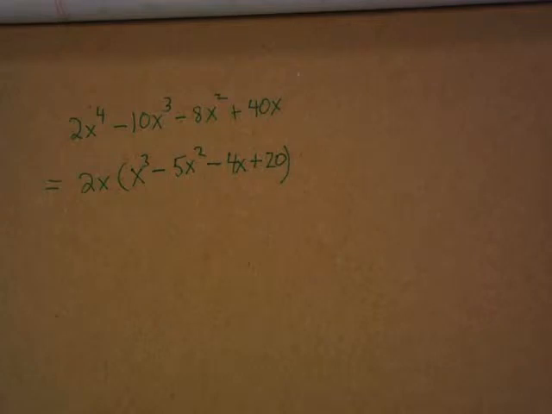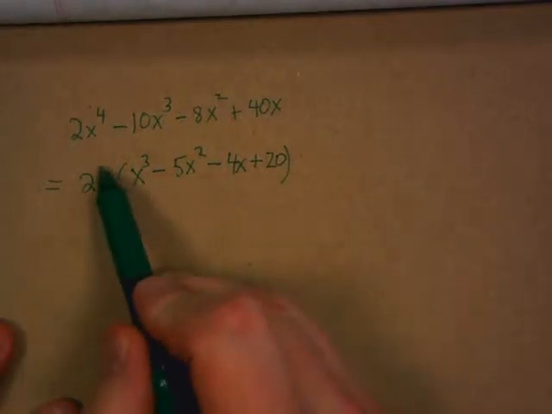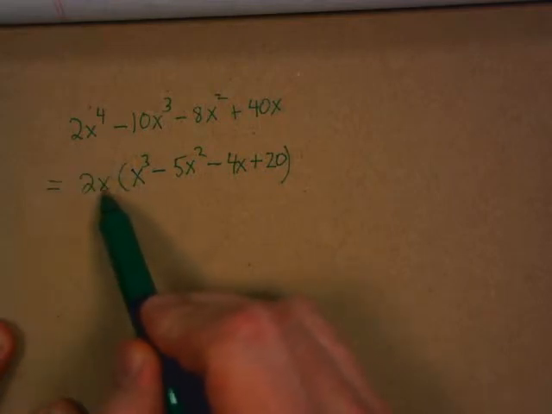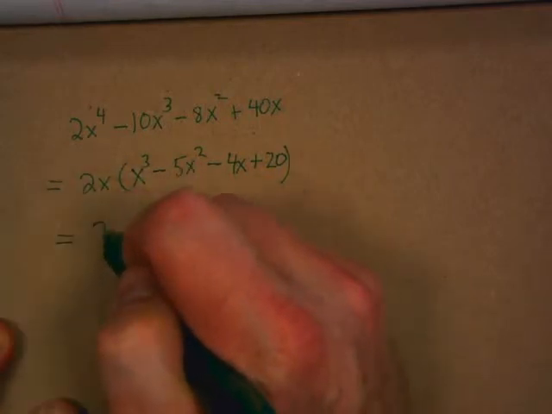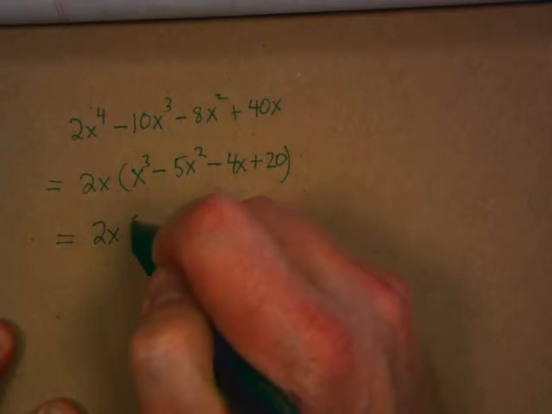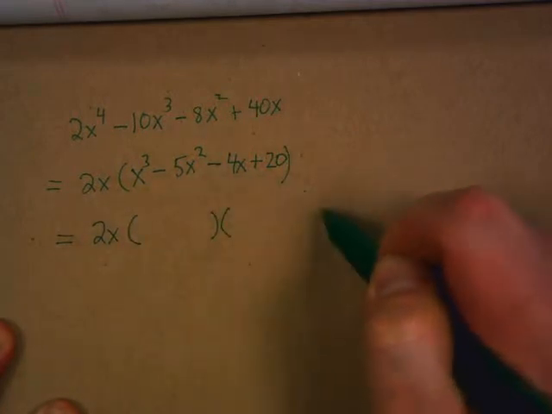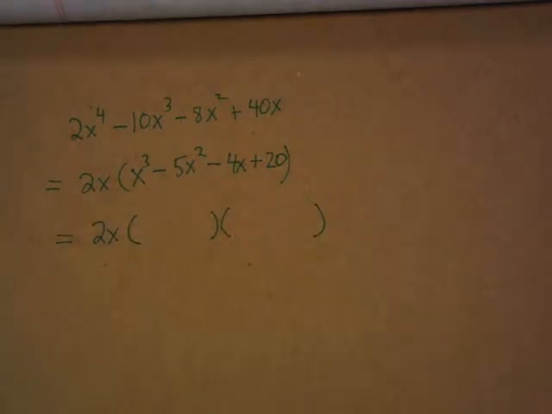Now, here's the way I like to handle these. What do I do with this 2x all the time? I like to write the 2x down, and then when I get all done, I know my answer is going to look like that.